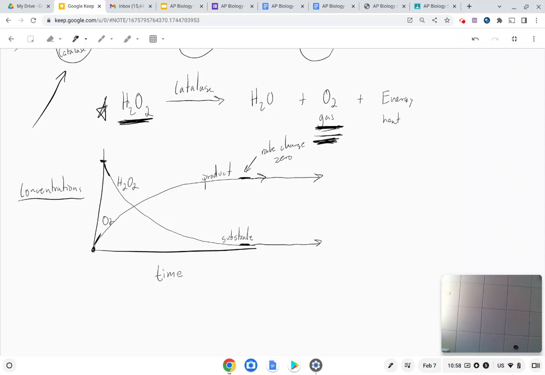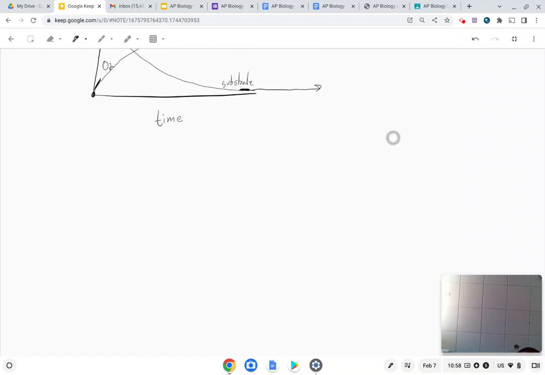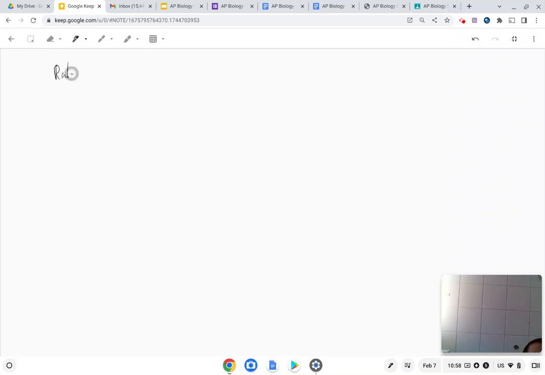So let's now talk about those factors. We mentioned that there are some factors that affect the rate of the enzyme reaction. So we're just going to list those. Rate of reaction, 5 factors. Number 1 is the pH. Number 2 is the temperature.